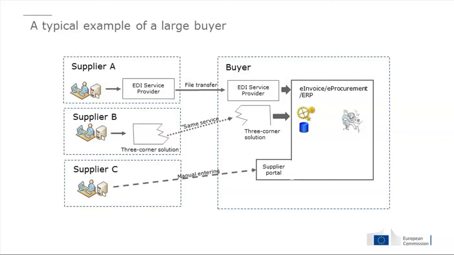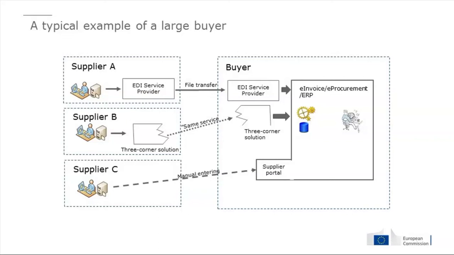And this is not an uncommon situation, at least from my experience from a Swedish perspective, that when the municipalities and the regions and the authorities want to have higher and higher levels of e-invoicing, they need to connect to more and more different solutions, which often then also results in more costs for the buyer.